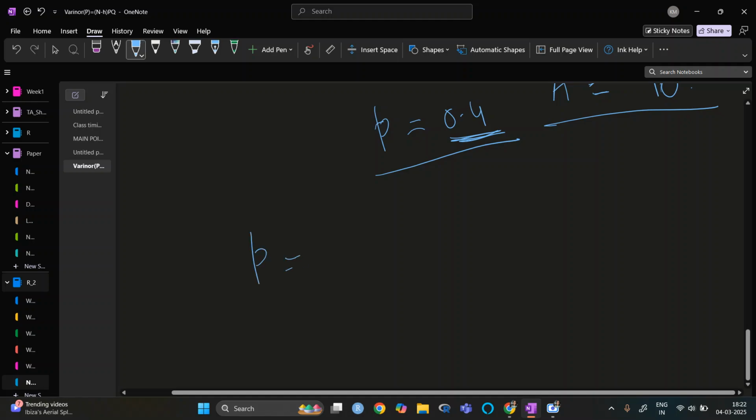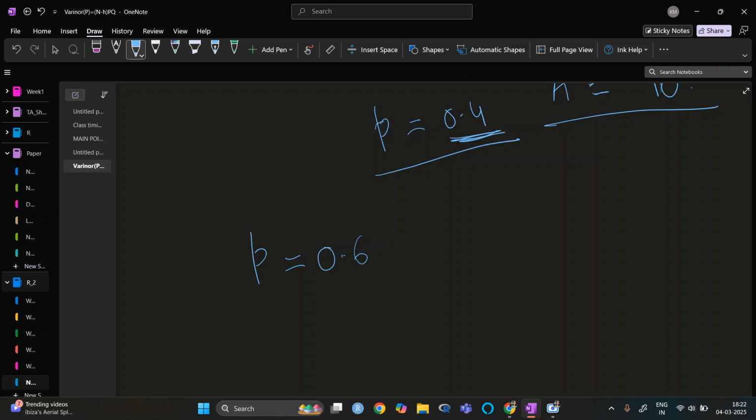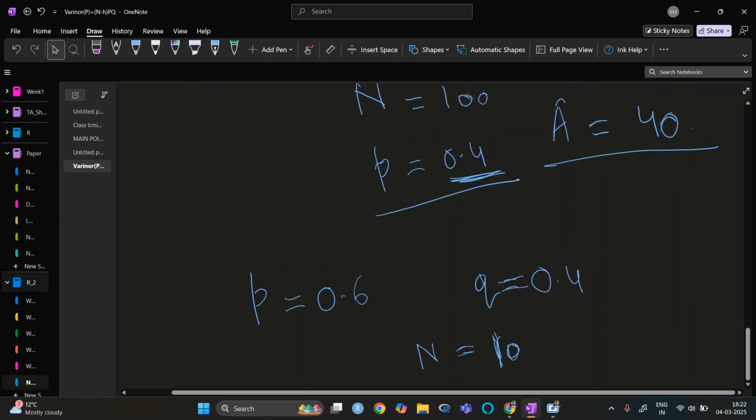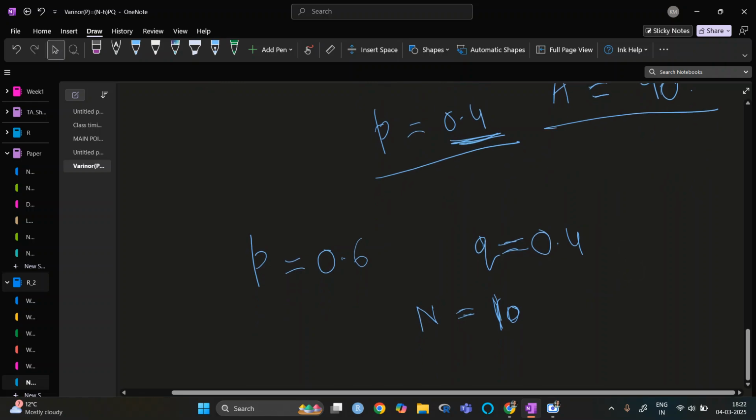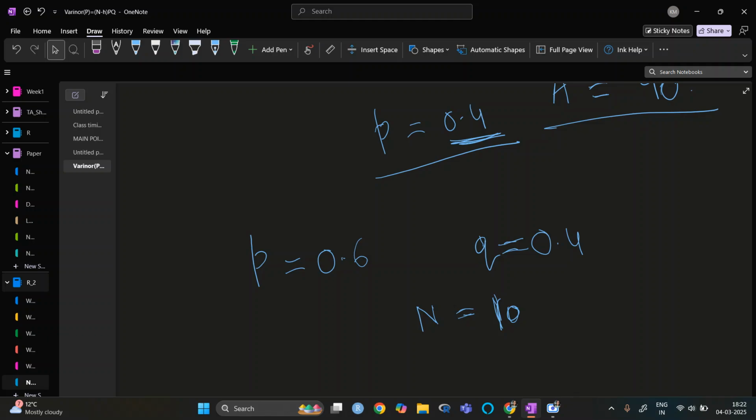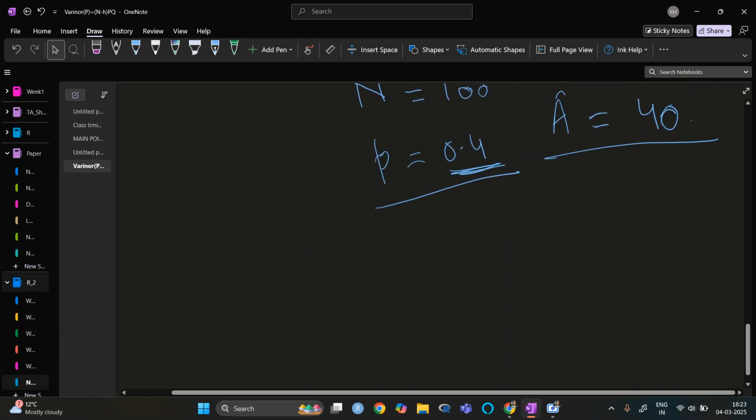If p is 0.6 and q is obviously 0.4, but if n is, let's say, 10, then we know it is 6 and 4. So whether the sample is good or not, if n is large enough, it will make more difference. Right now it is 6 and 4, so it is not more valuable. So whether the survey is more valuable or not, population total is also one of the parameters, so we can see based on that.